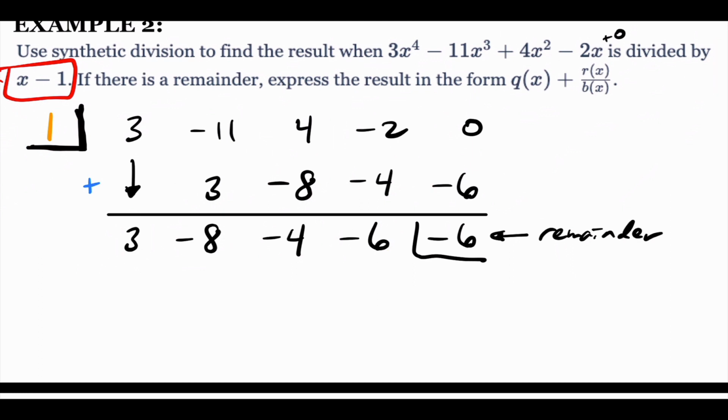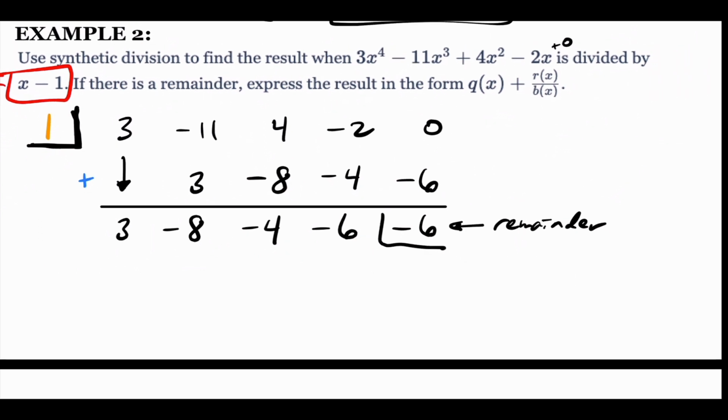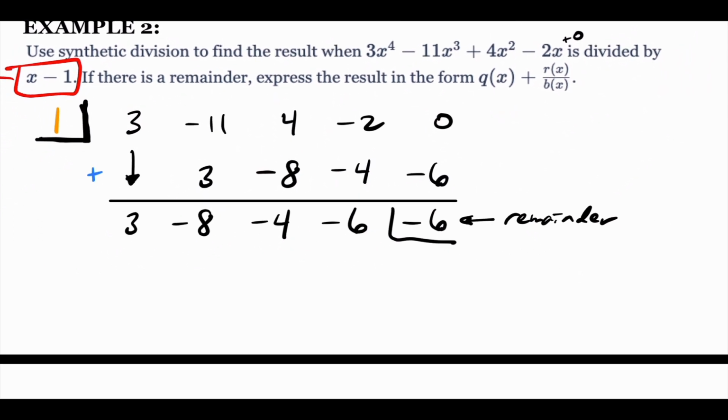This one I actually do have a remainder. Okay, so now last step, give everything back. Give them back their x's, x cubes, all that good stuff. Start with the remainder. When we're doing this process, we always start here and work our way that way. So negative 6 is a remainder.